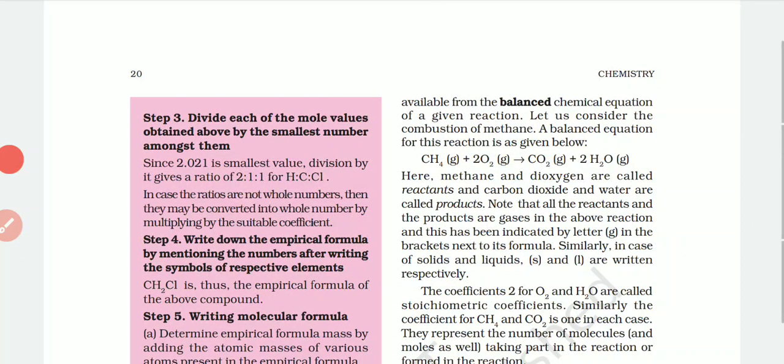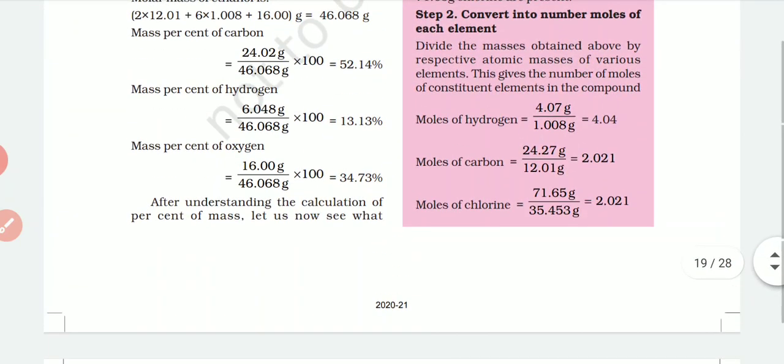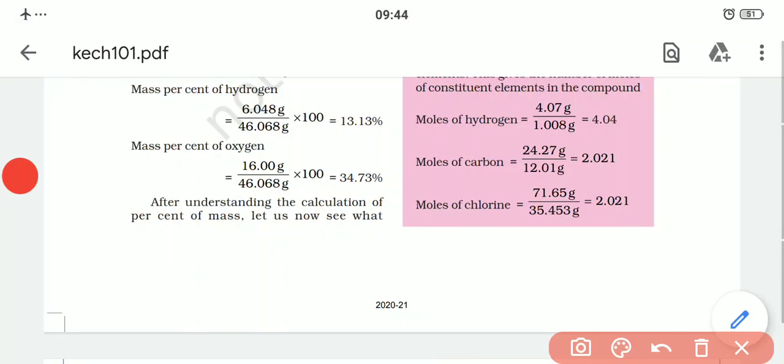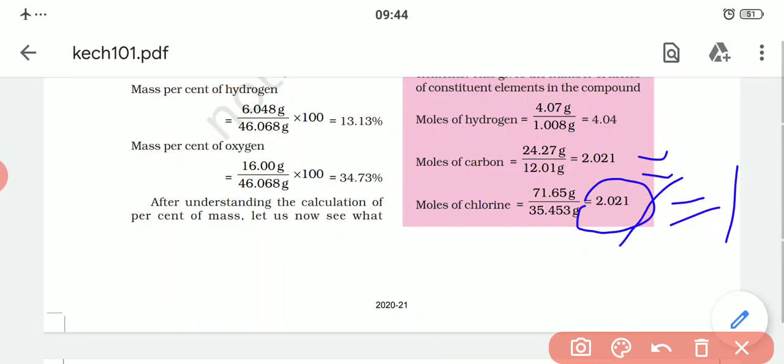Now divide each of the values obtained above by the smallest number. The smallest number is 2.021. If you divide 2.021 by 2.021, I get 1. And if you divide 4.04 by the smallest value, 2.021, I get 2.